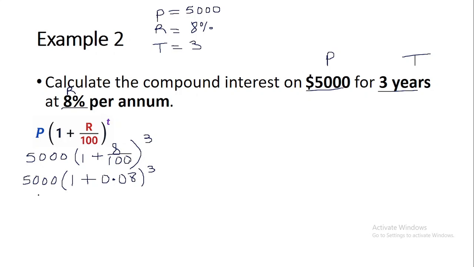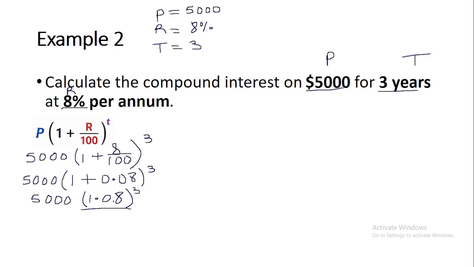So that's gonna be 5,000 times 1.08 raised to the power of 3, and raised to the power of 3 means that you multiply 1.08 by itself 3 times, right?